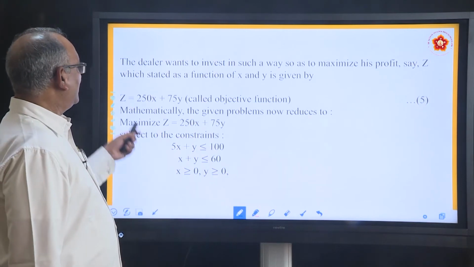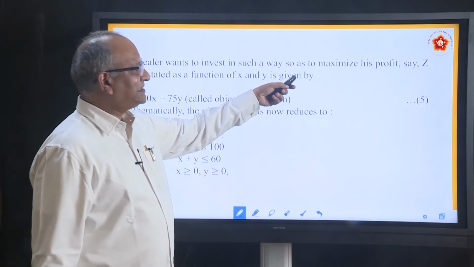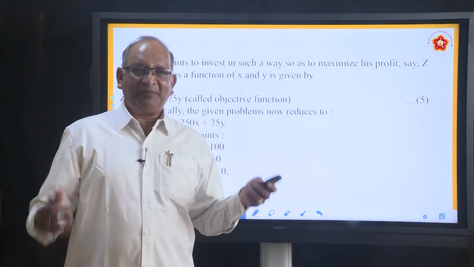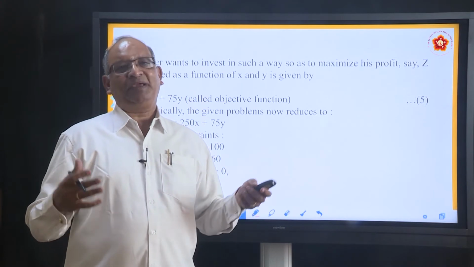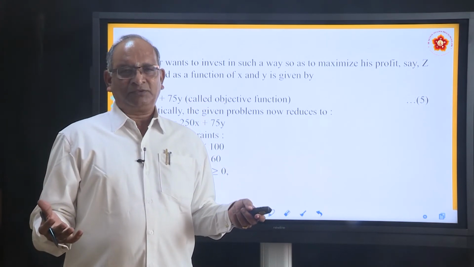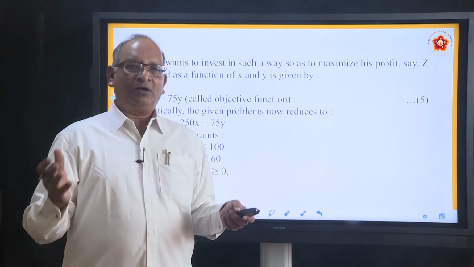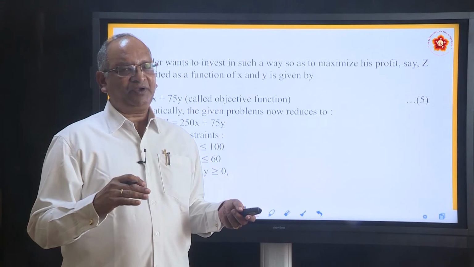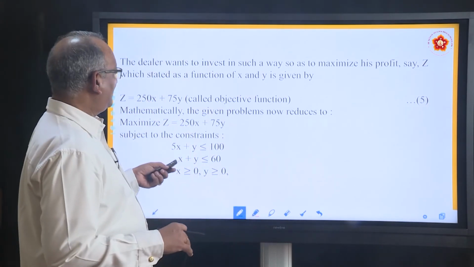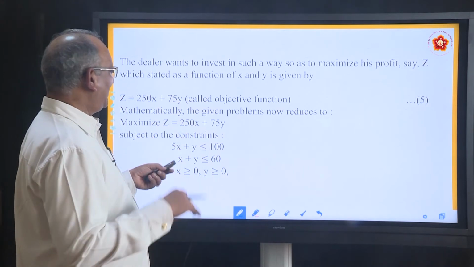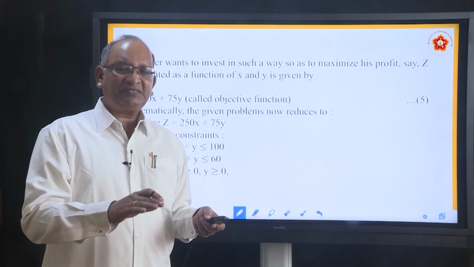Now move forward. The dealer wants to invest in such a way as to maximize his profit. Every businessman has only one objective, to make more profit. So how will he make profit? By selling tables and chairs. What is the profit he gets on a table? 250 rupees. And on a chair? 75. How many tables? x tables.